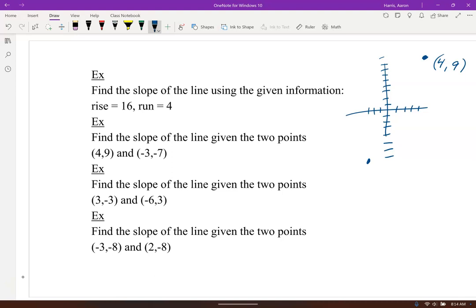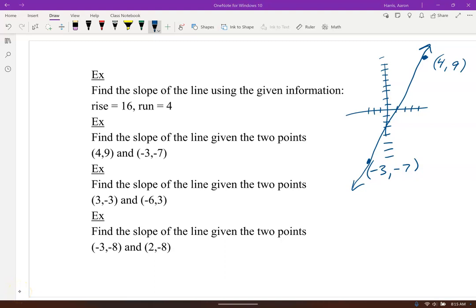So you notice this line goes up and to the right. So since it goes up and to the right, is the slope going to be positive, negative, 0, or undefined?